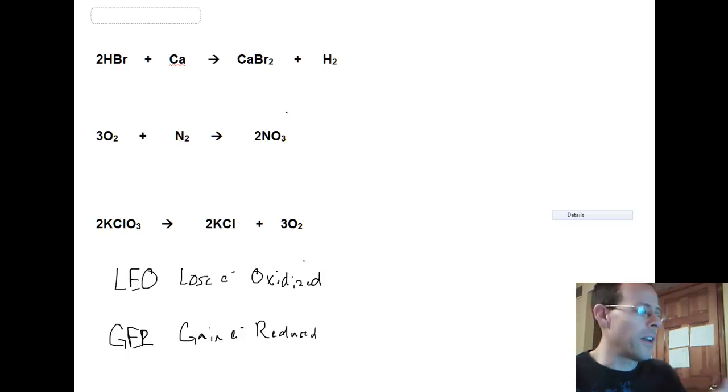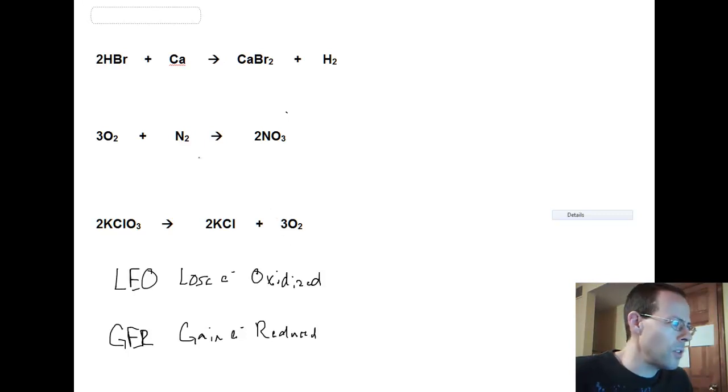Alright, so the way that's going to play out is we're going to look up here, and just like the other day when we learned how to assign oxidation numbers, we're going to look at these three equations and assign oxidation numbers. I'm going to write those values above the element. In this compound, one of our rules is hydrogen has a +1 unless it's with a metal. It's with a nonmetal, so hydrogen is a +1 right here.